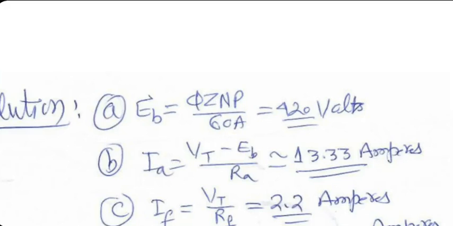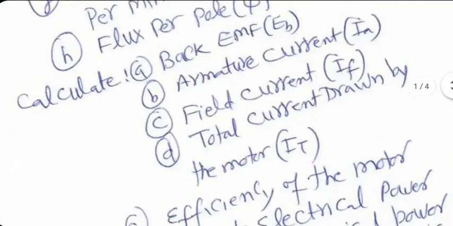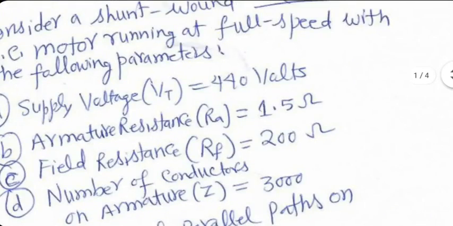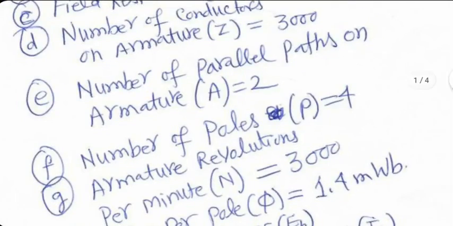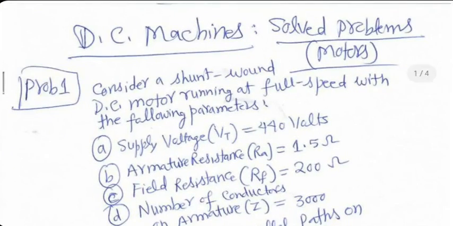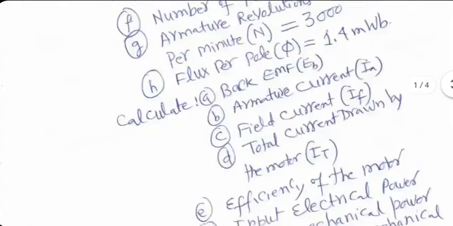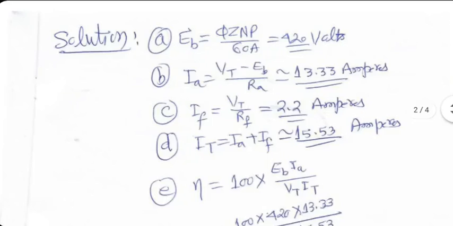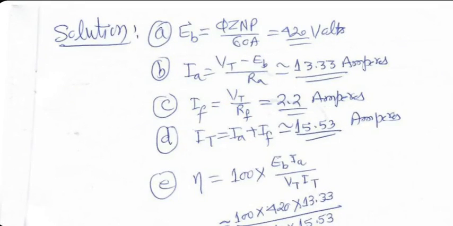Field current is terminal voltage divided by field winding resistance. So 440 volts divided by 200 ohms. It turns out to be 2.2 amperes.